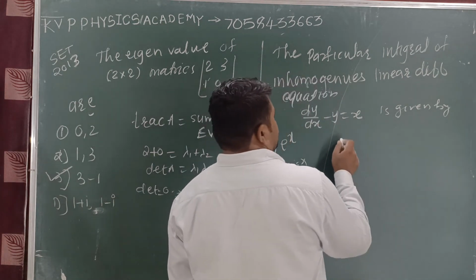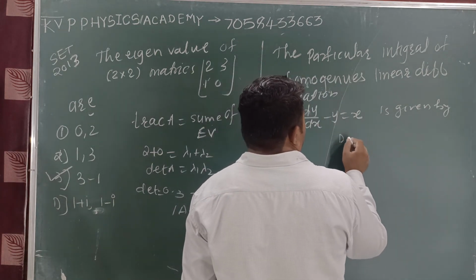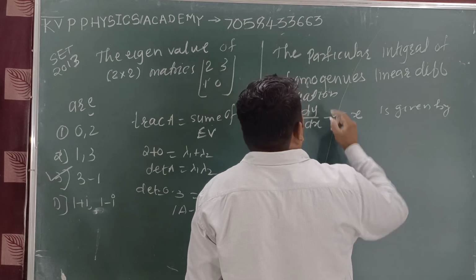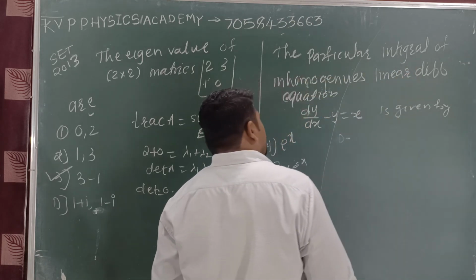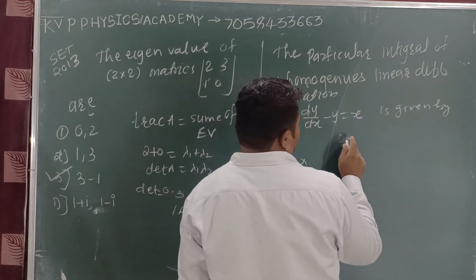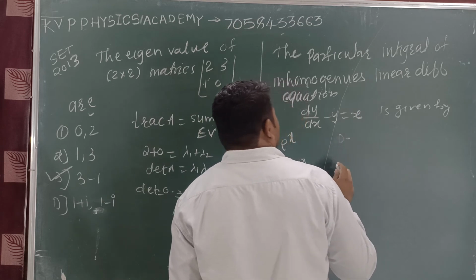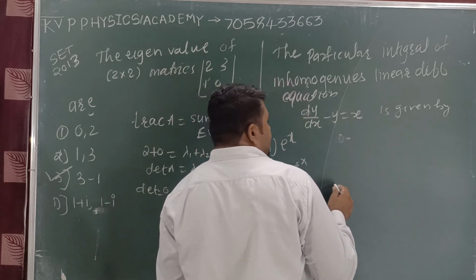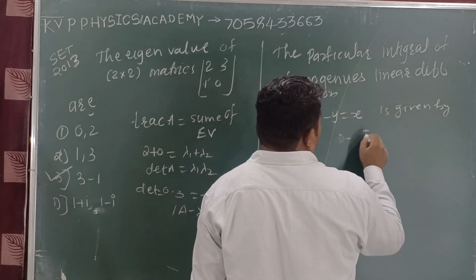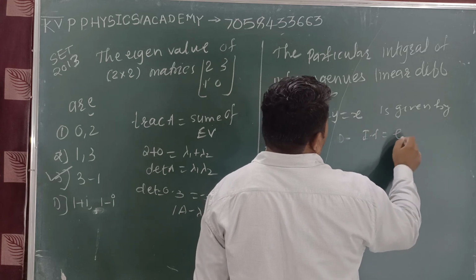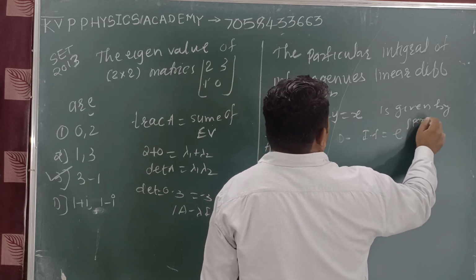Now, next. How to find out the particular integral? First find out the integrating factor, I.F., which is equal to e to the power integral of p of x dx.